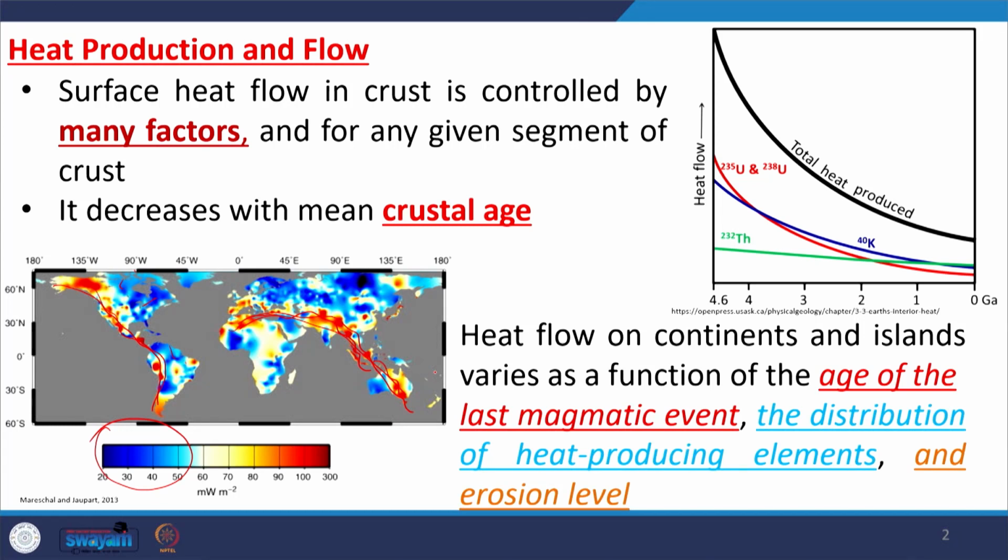The second thing, if you see very carefully, is that most of these high heat regions come under mountain building environments. Here we have the Himalayan mountain system, the Alpine-Himalayan belt, and here the Andes, Rockies, and so on.